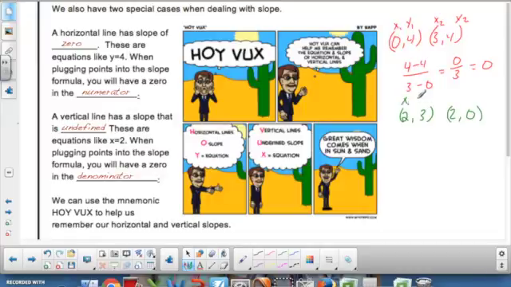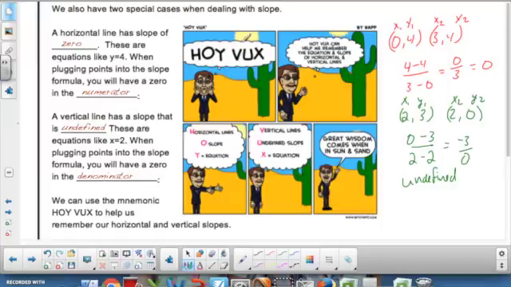So this is x1 and y1, and this is x2 and y2. And my slope formula is y2 minus y1 over x2 minus x1. When I subtract that, I get negative 3 over 0. When you try to divide by 0, even if you put it in your calculator, you are going to get an error, and that is because that is an undefined value. We can't divide by 0.